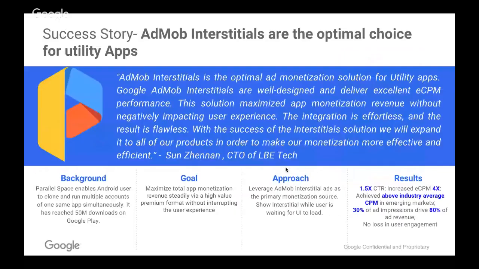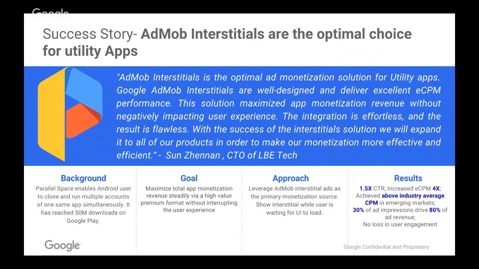Okay, and the last case we have is coming from our partner who is based in China. Their company name is called Parallel Space. The app is a very interesting app. It enables Android phone users to clone and run multiple accounts of the same app simultaneously.